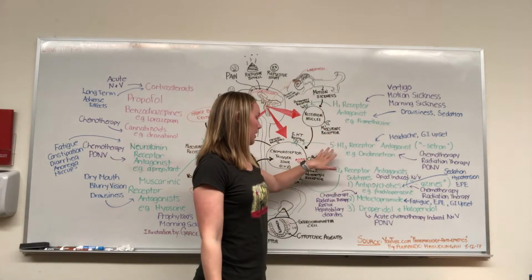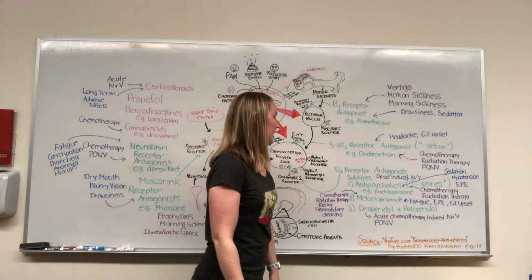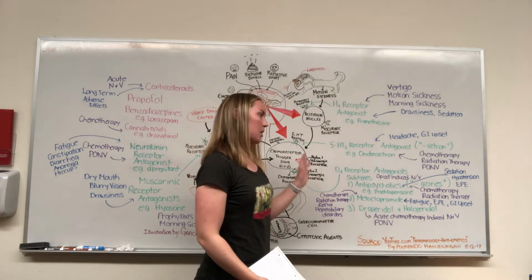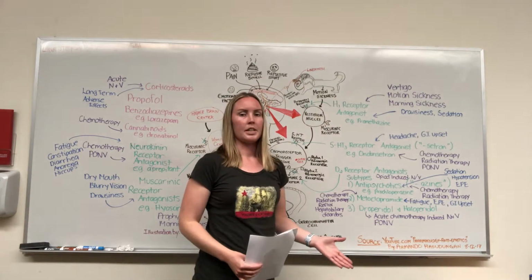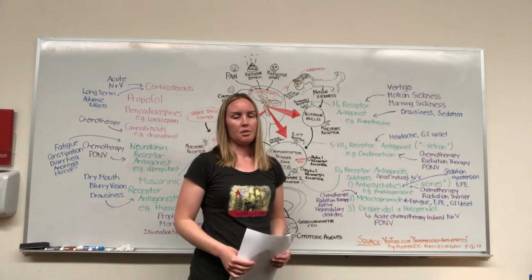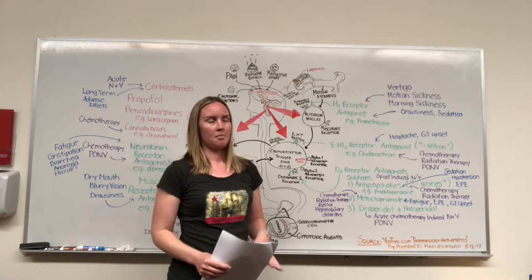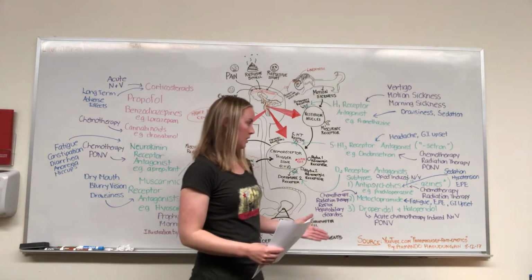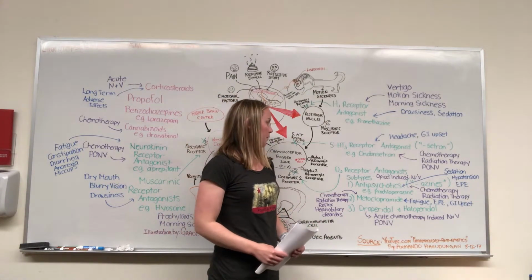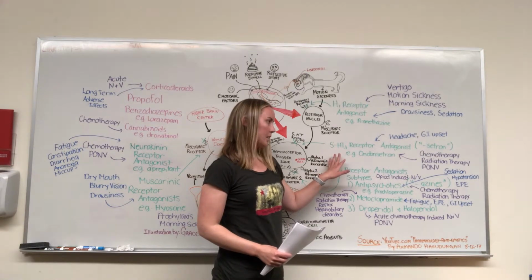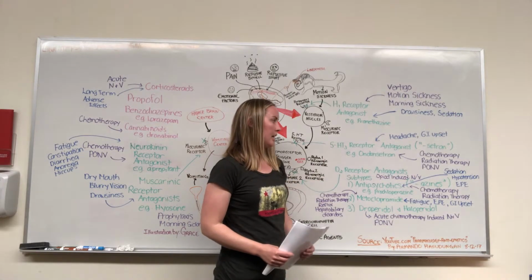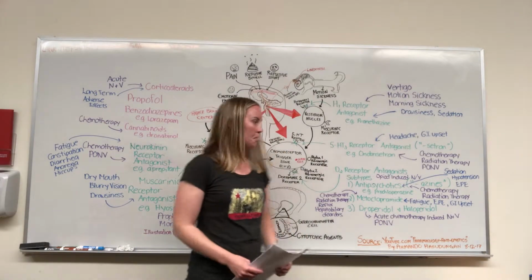For the 5-HT3 receptor antagonists, the most common use is for patients undergoing chemotherapy or radiation therapy, or nausea and vomiting related to post-op. And the side effects for this class of medications are headache and GI upset.